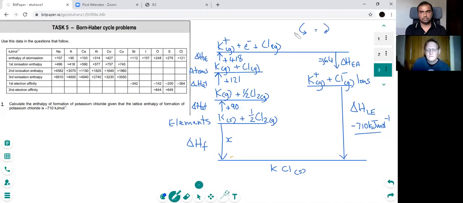So we can say that the enthalpy of formation is equal to all the other enthalpy changes, which in this case would be 90 plus 121 plus 418 plus minus 364 plus minus 710 kilojoules per mole. Just putting those into the calculator would give us the enthalpy of formation of potassium chloride.